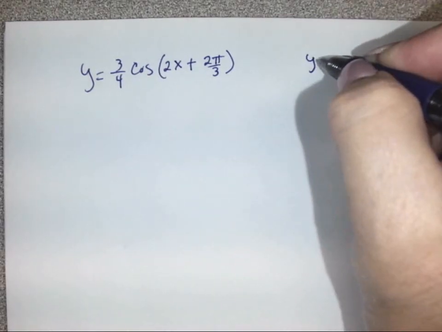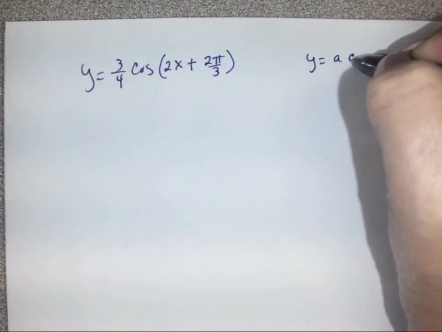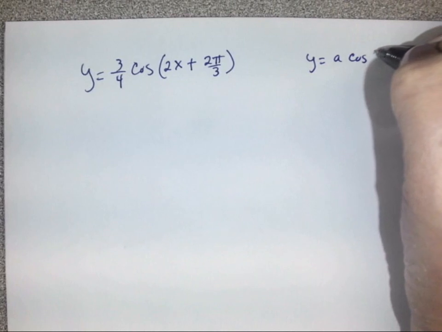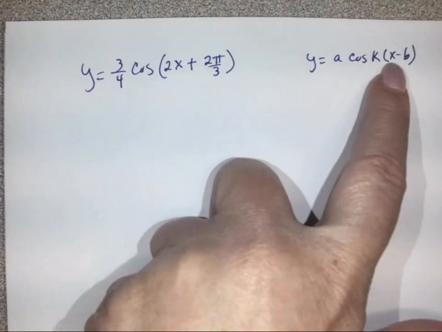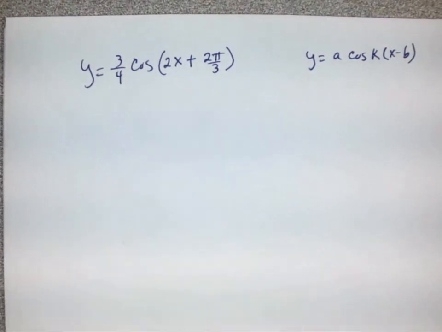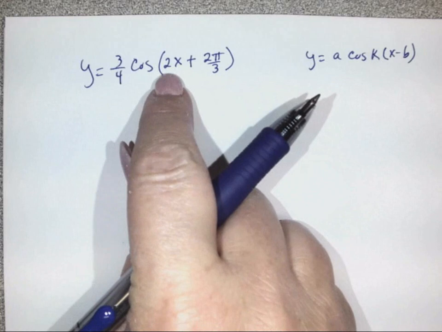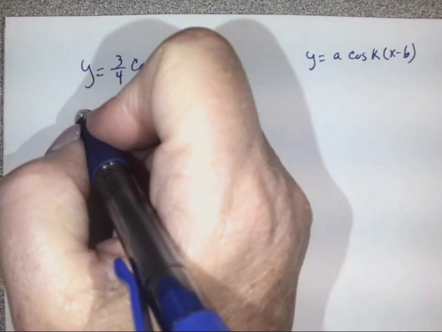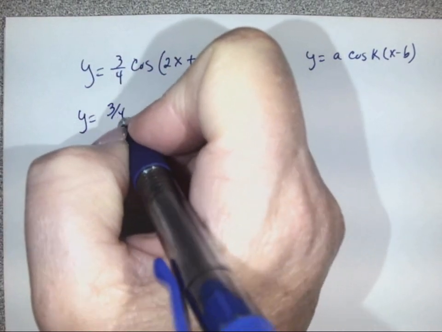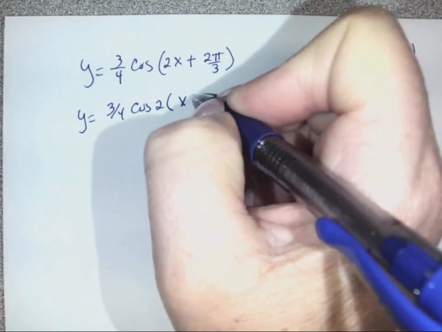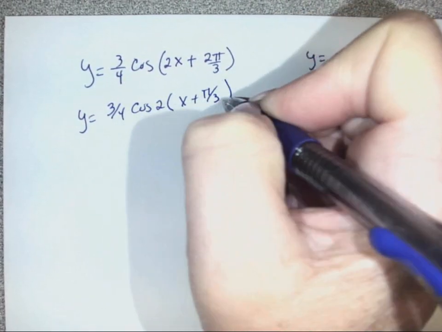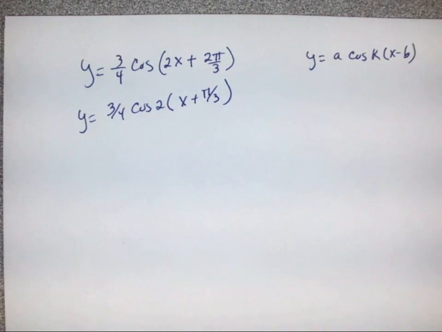Remember that it's y is equal to a times cosine of k times x minus b. So we need this to be an x, not a 2x. Between these two, I can factor out a 2. So I can get y is equal to 3/4 times the cosine of 2 times x plus pi over 3. So I just factored a 2 out of each part of that.